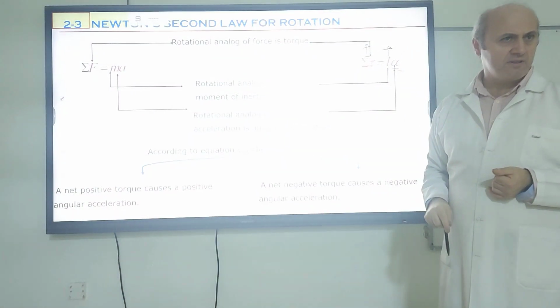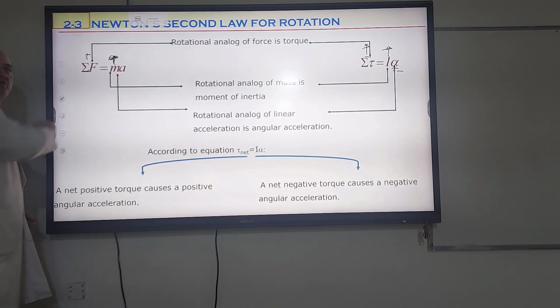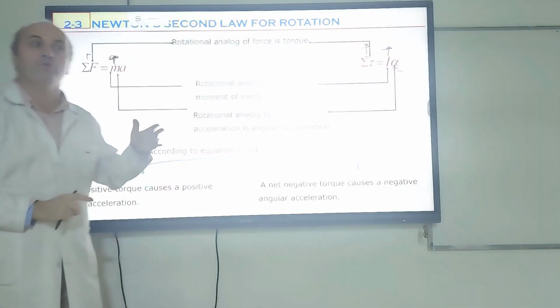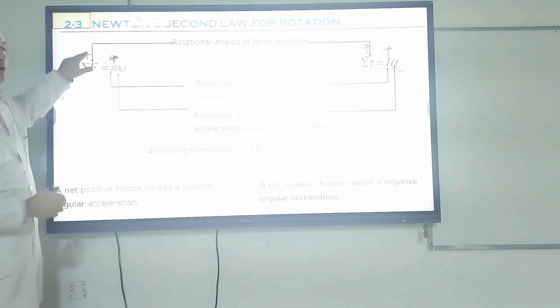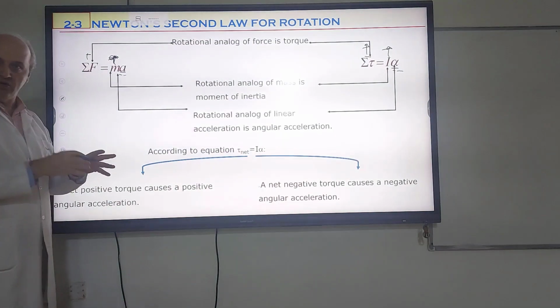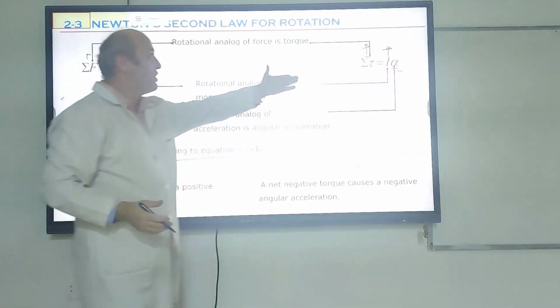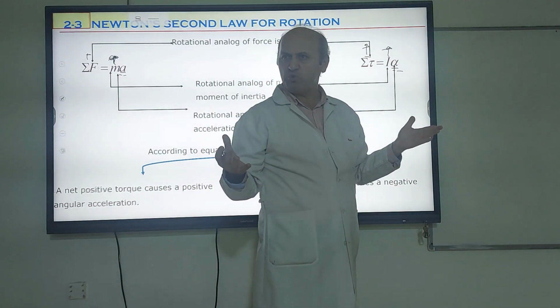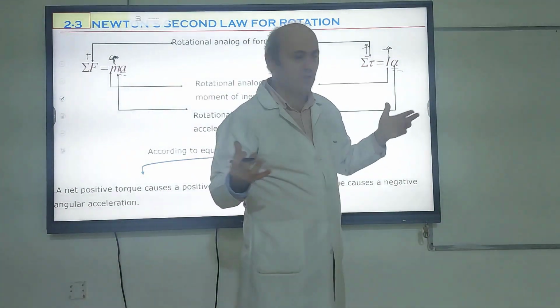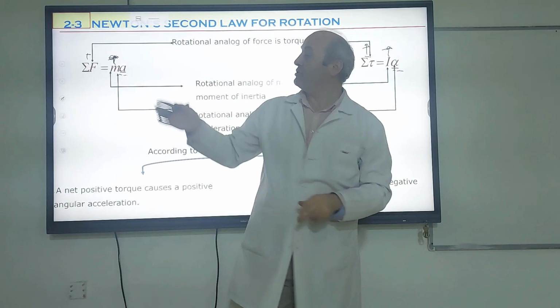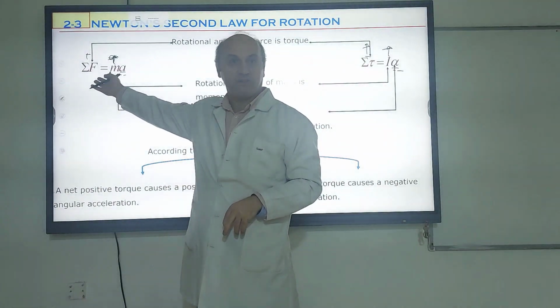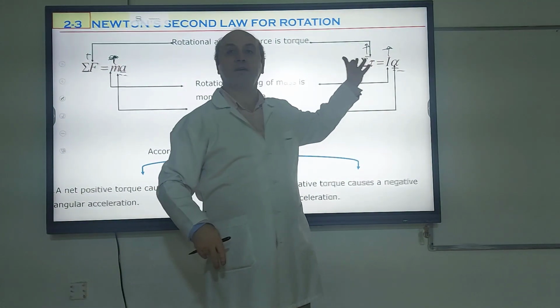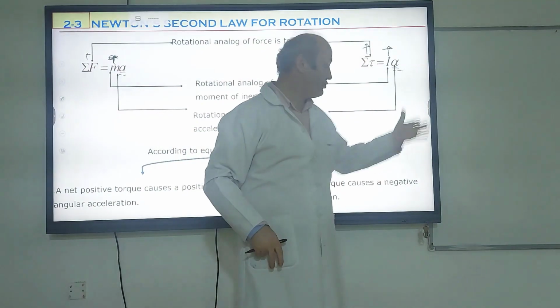Just like in Newton's second law of motion, if the mass is increasing, you need a bigger force to start the motion with the same acceleration. Similarly, if moment of inertia increases, it's going to be hard to rotate. You need a big torque to start this rotation with the same acceleration. This is known as Newton's second law for translational motion. This is Newton's second law for rotational motion.